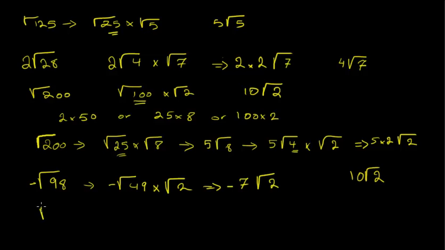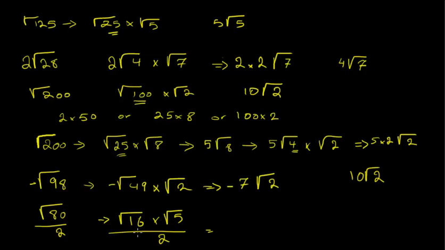Let's say we have radical 80 over 2. In that case, we simplify radical 80 and then we do the operation. Radical 80 can be simplified as radical 16 times radical 5, over 2.